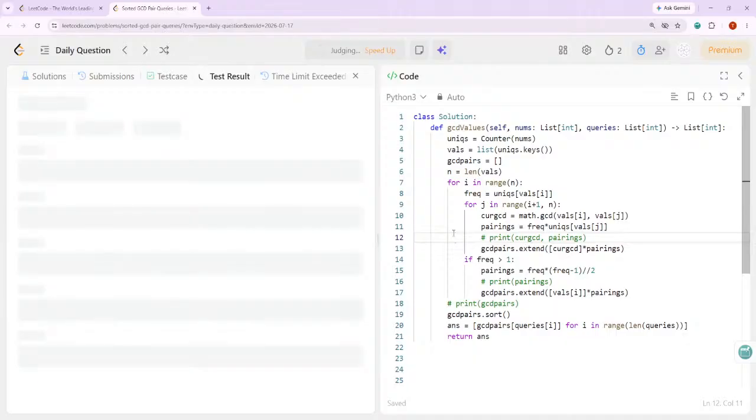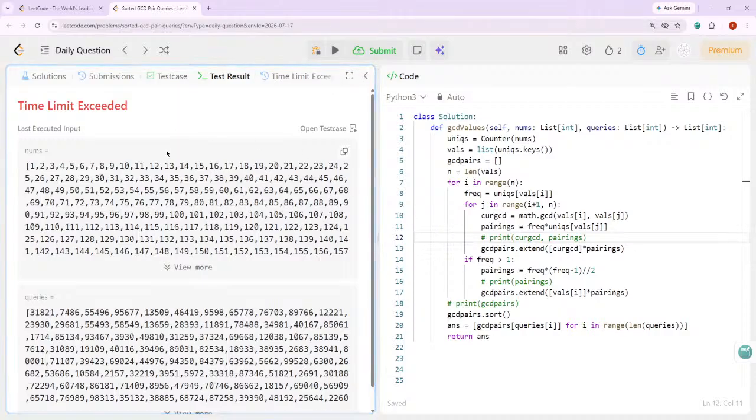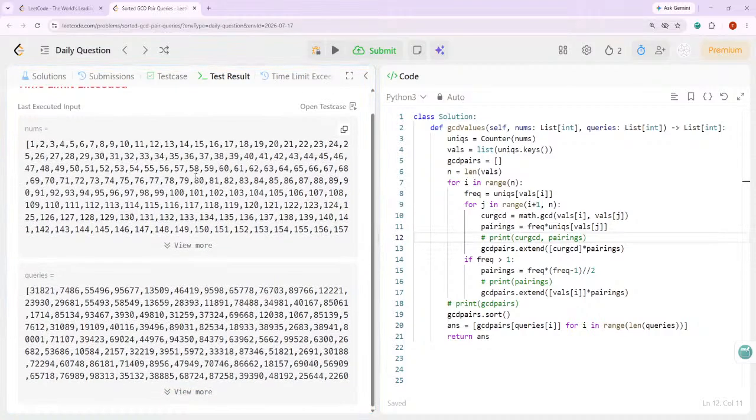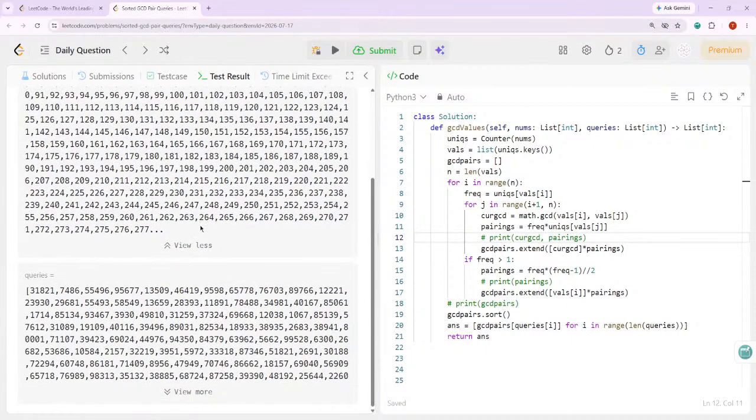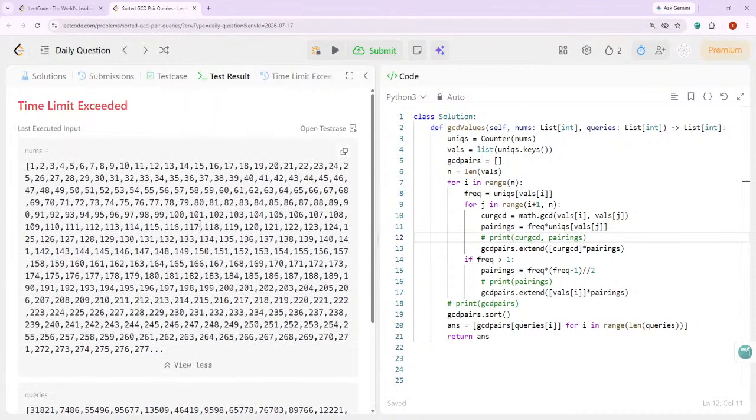I assume a single test case is not going to be... Okay, time limit. It goes time limit exceeded on just this test case. Interesting.